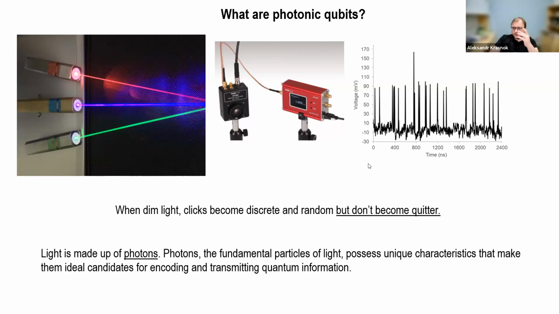So light is made of photons, and the photons are the fundamental particles of light, and they possess unique characteristics that make them ideal candidates for quantum computing and quantum information science and research.